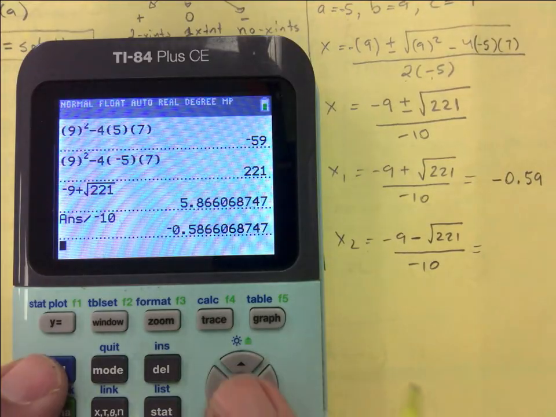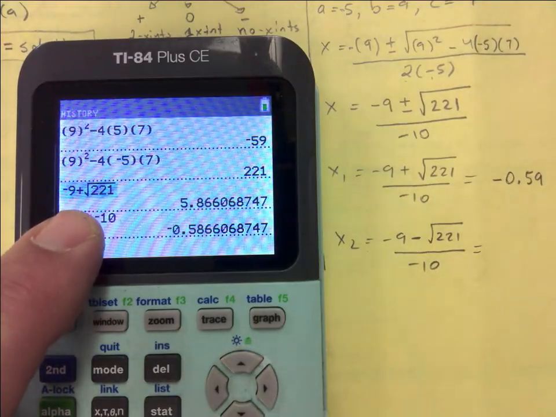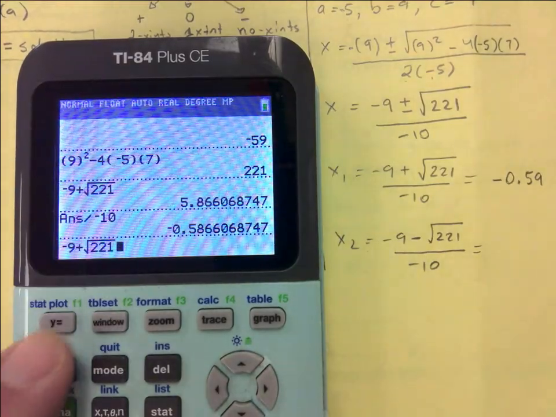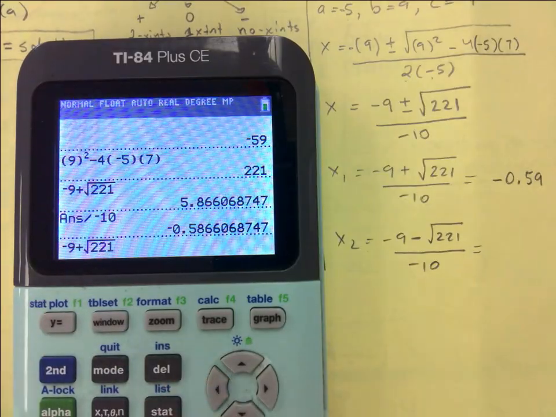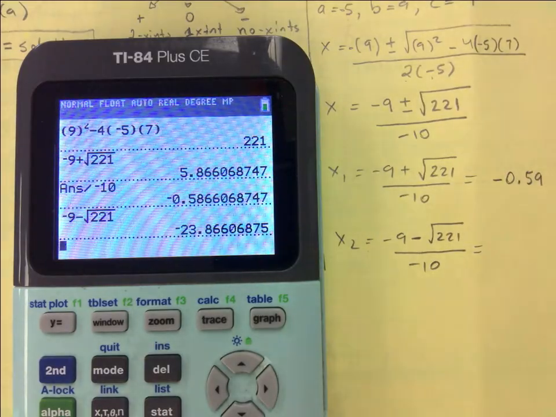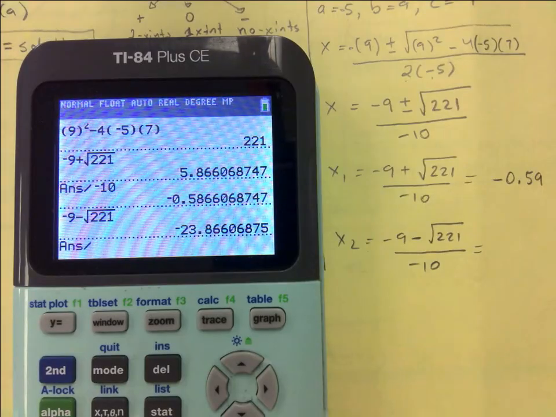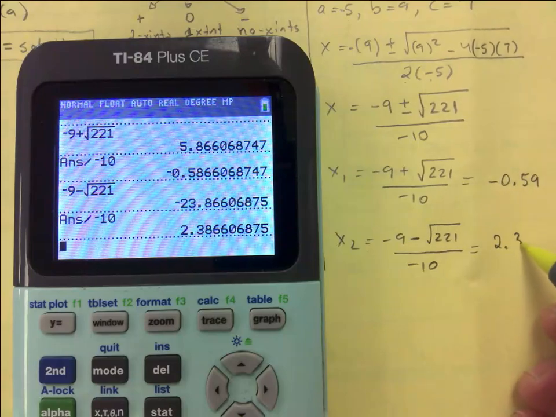And the second one, watch what I do here. I copy paste that top, I paste it down, and I change the plus to a minus. Then I divide it by negative 10. So the second root is 2.39.